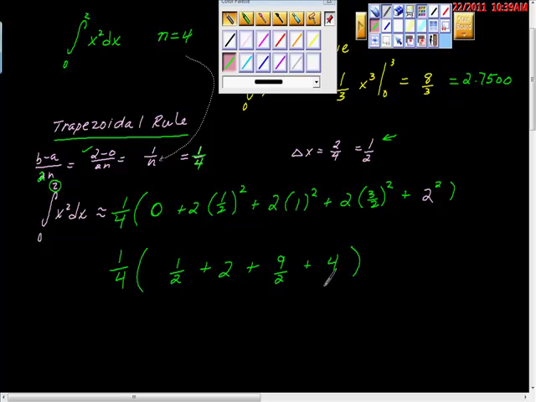If you don't mind, I'm going to clean this up a little bit for my own edification. 2 is the same as 4 over 2, and 4 is the same as 8 over 2. Why am I doing that? So I have common denominators all the way across. Add these together, and we get 22/2.